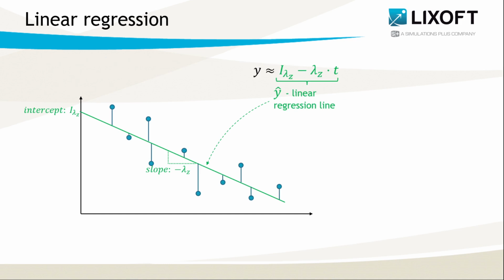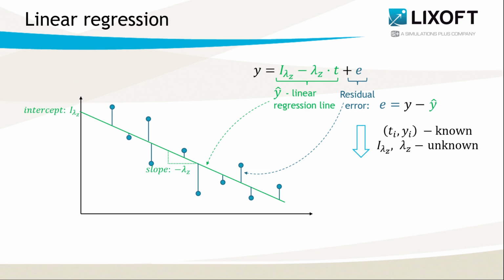However, in real life, due to measurement errors, data points, instead of being aligned, are spread around this line. And in this case, the observation y is given by the regression line y hat plus the residual term e. In this equation, values of ti and yi are fixed and known as they come from the PK dataset.